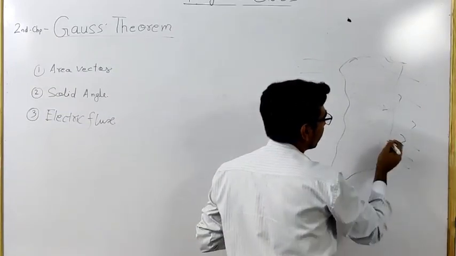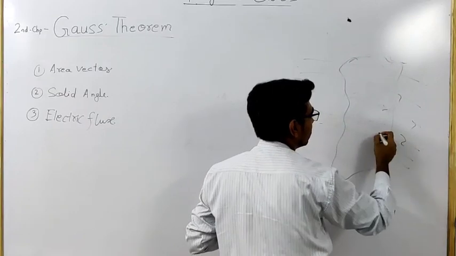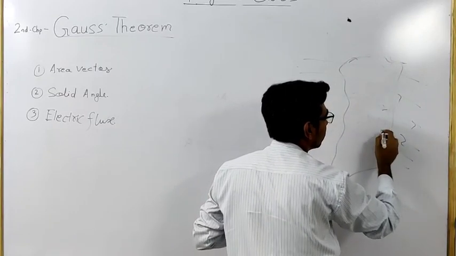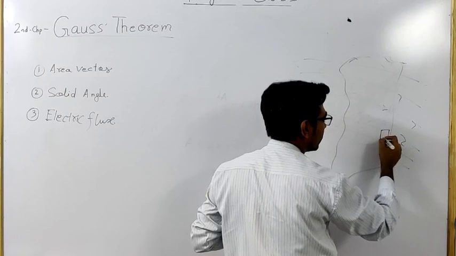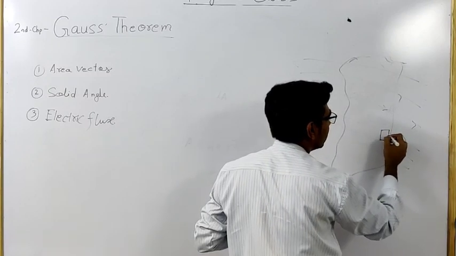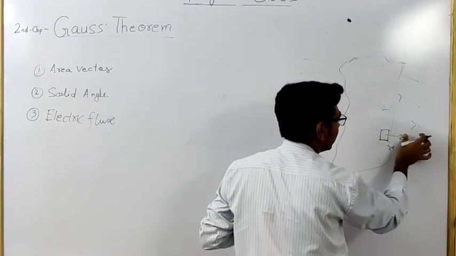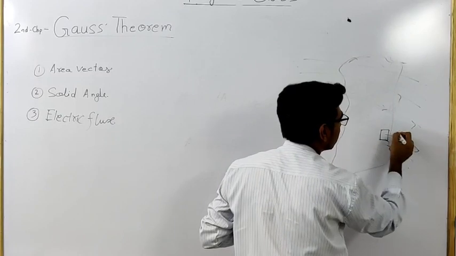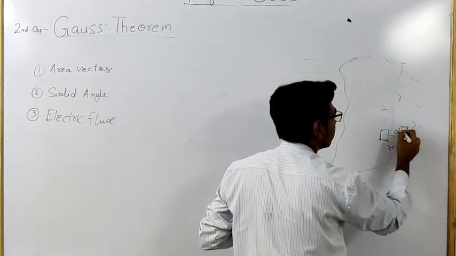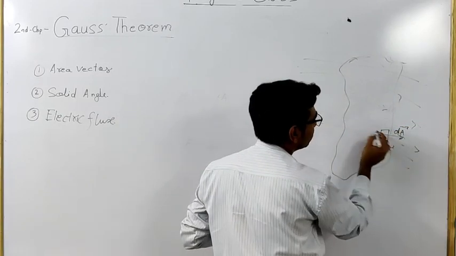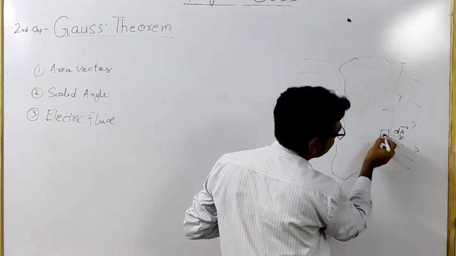So what you will do, from this surface you choose a small area. Let this area be dA, and since area is also a vector, it is a dA vector, and at this point the lines of forces are going in this direction.